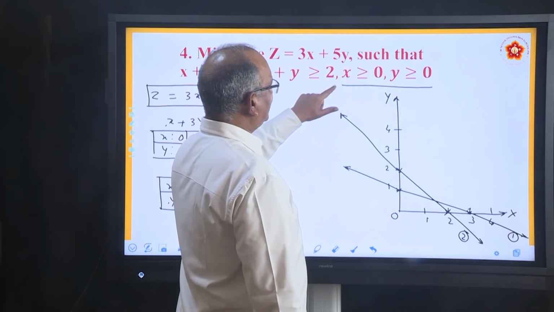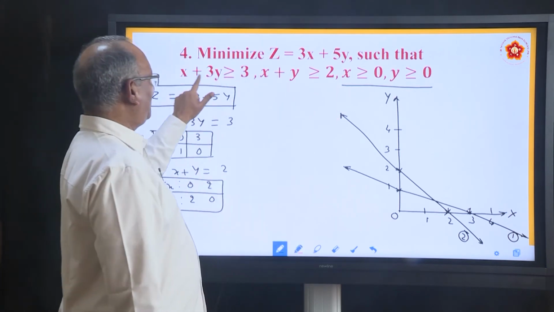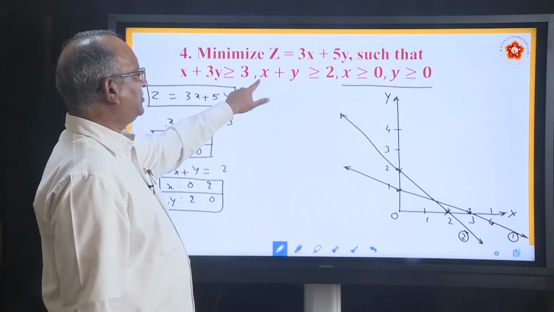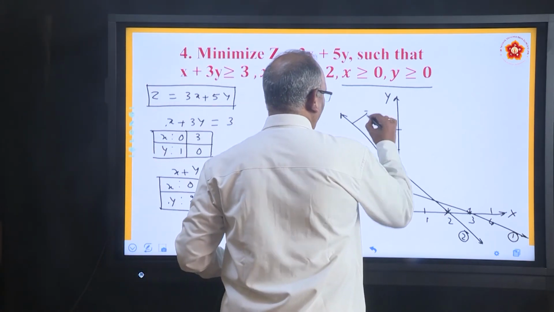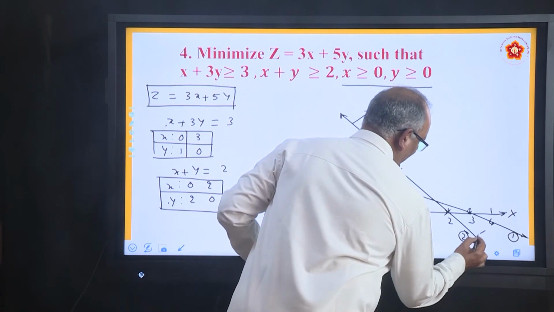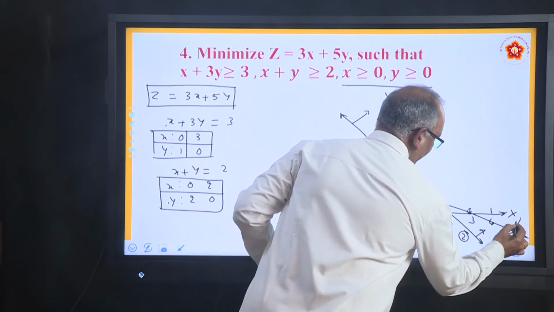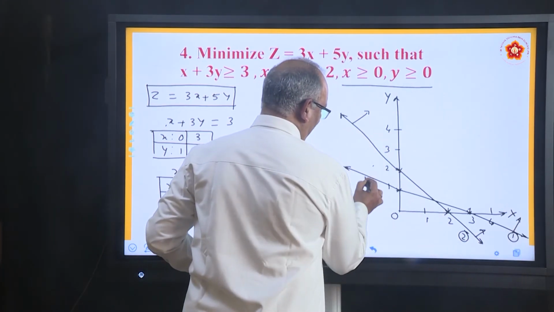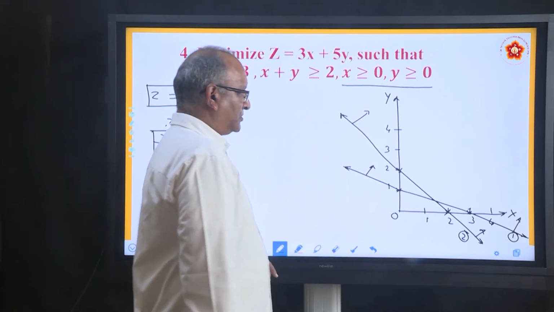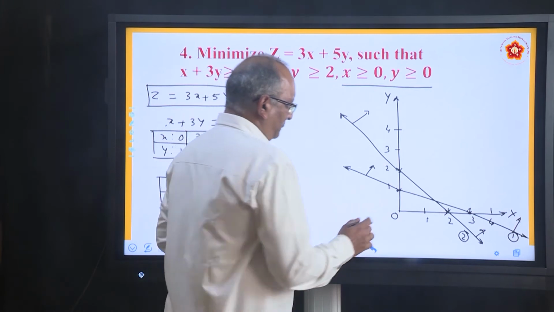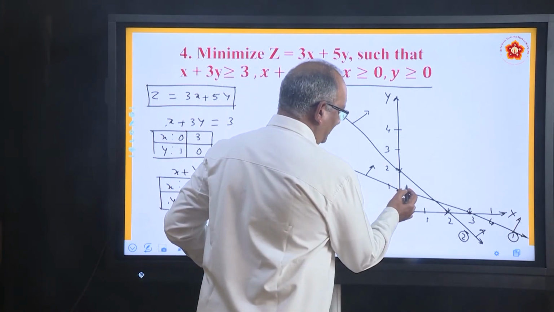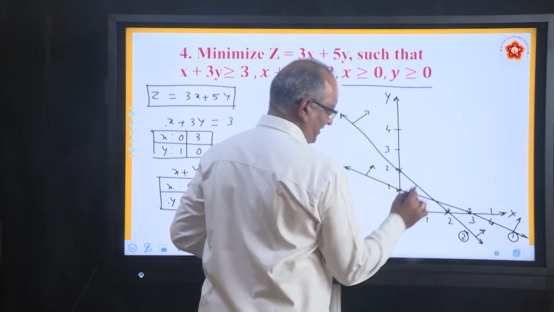That is true for the second one also. 0 plus 0 is greater than or equal to 3, wrong. So, in both the cases, shading has to be upwards. Upward shading we have to do. If you do upward shading, what is the common area? If you shade here, this part is not there in the second.